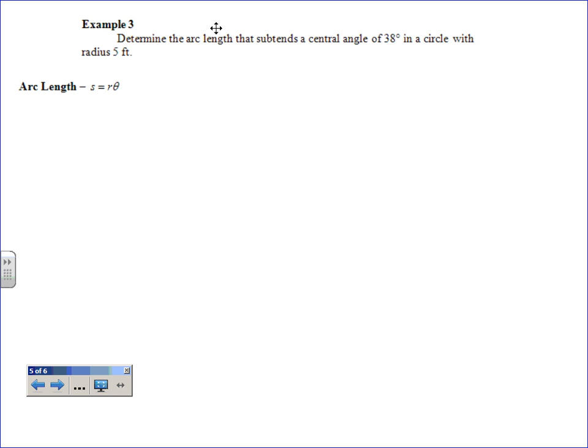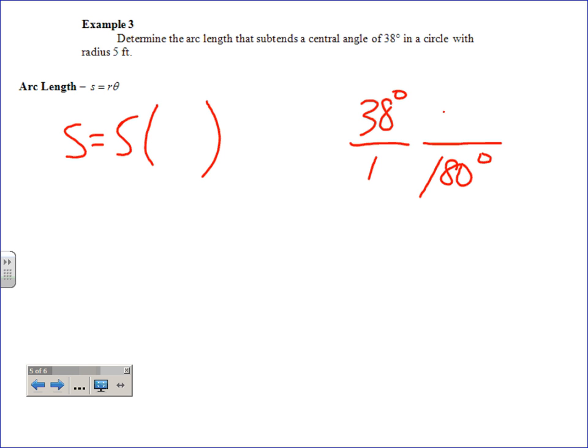Example 3, we've got an arc length, we've got 38 degrees, the radius is 5. Once again, I believe you should be looking at this being much smaller than the radius. We've got 5, and then right here, again, you go over 1 degrees down here, so those cancel.